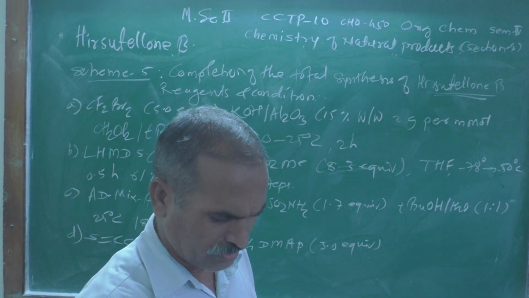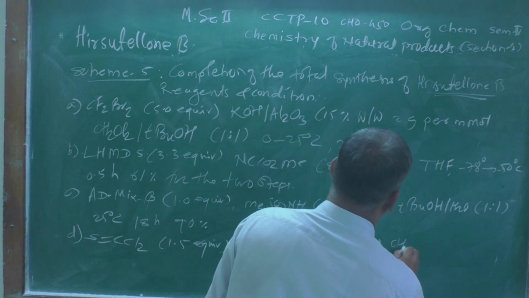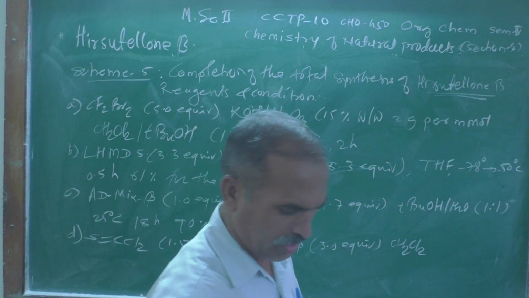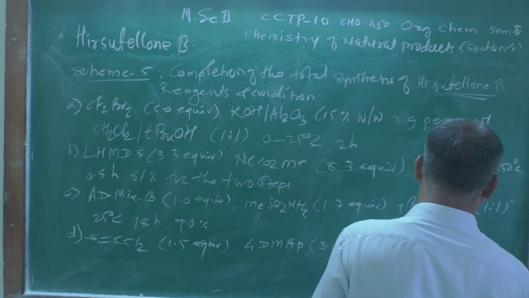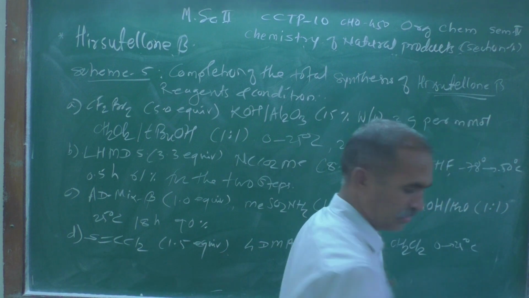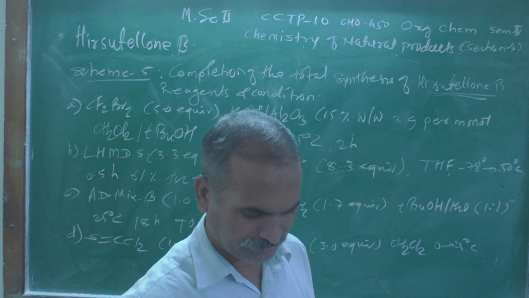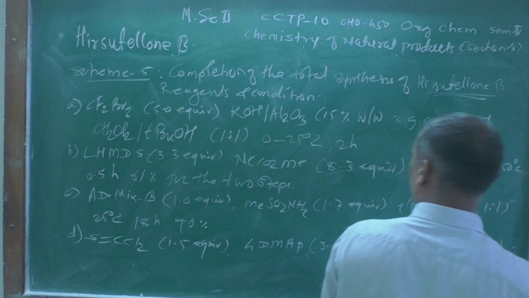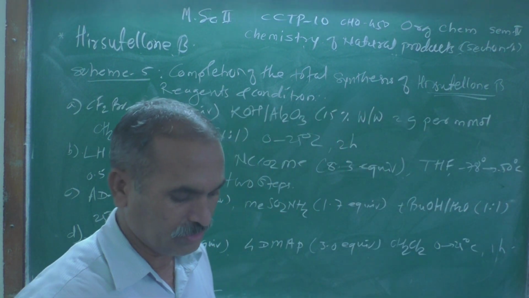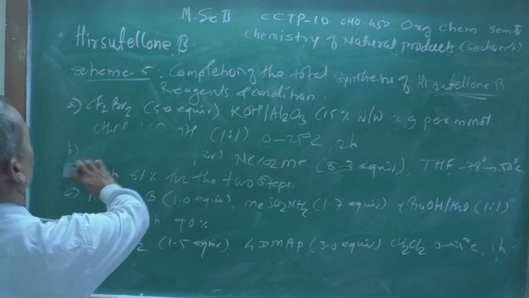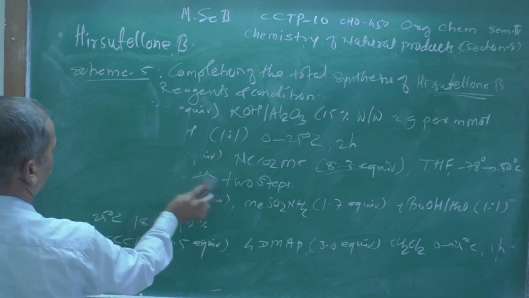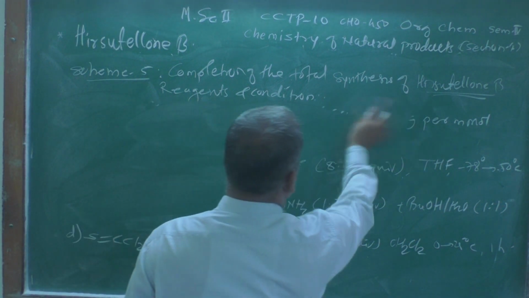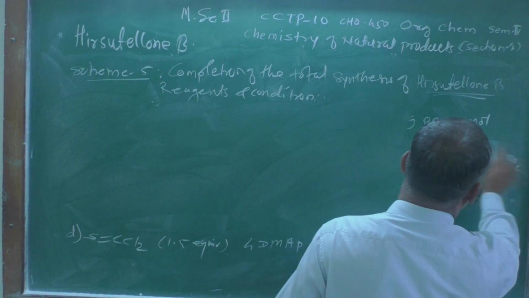The solvent used is CH2Cl2, DCM, dichloromethane, at 0 to 25 degrees centigrade, meaning at least room temperature. It is kept for 1 hour for stirring, and we will get the desired product. Now let's move on to the next reagents and reaction conditions.